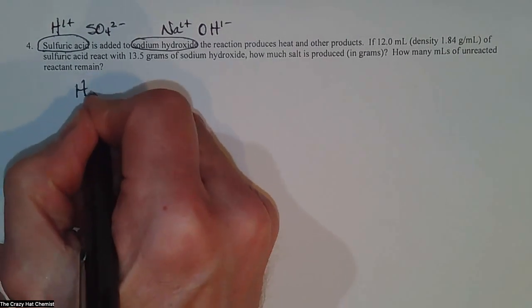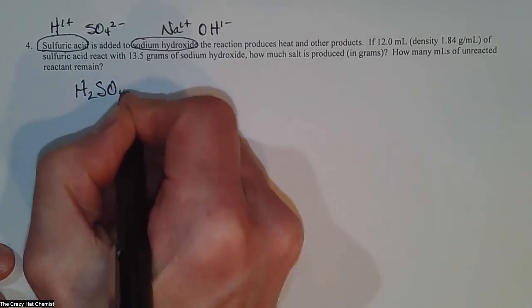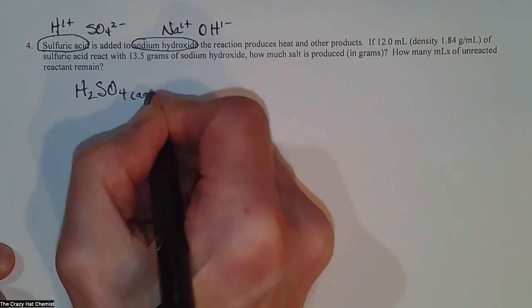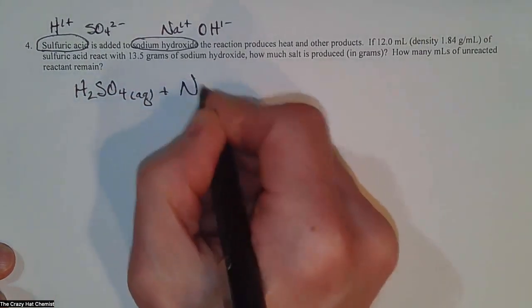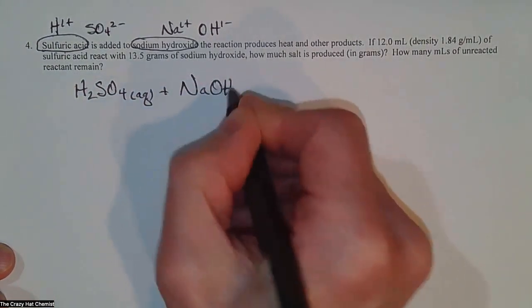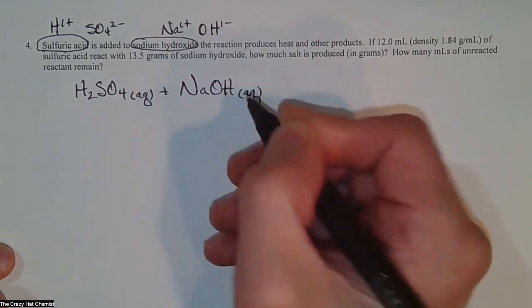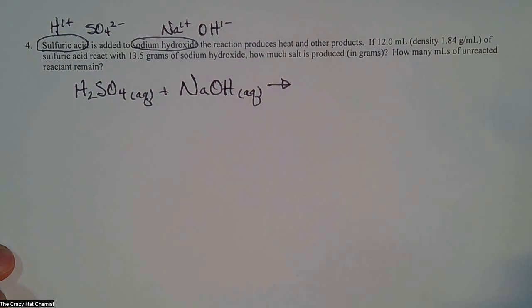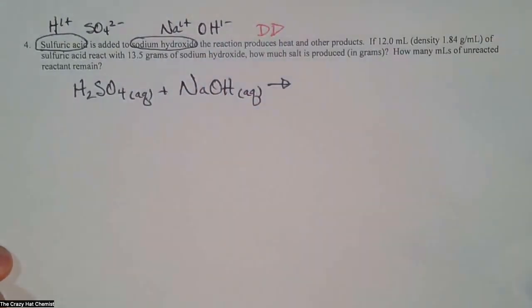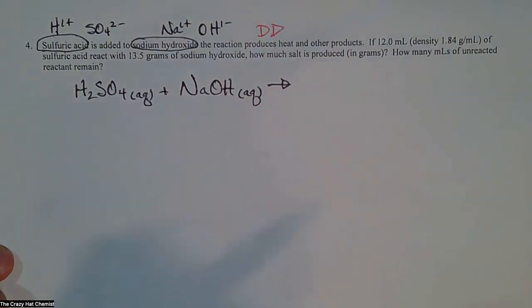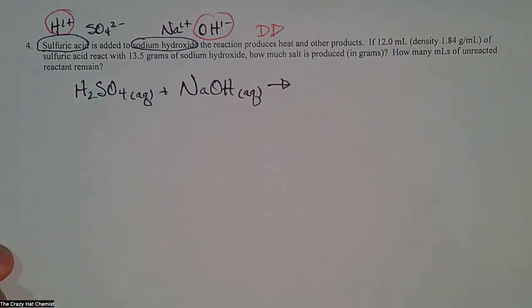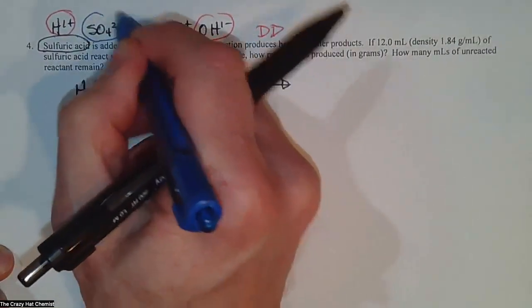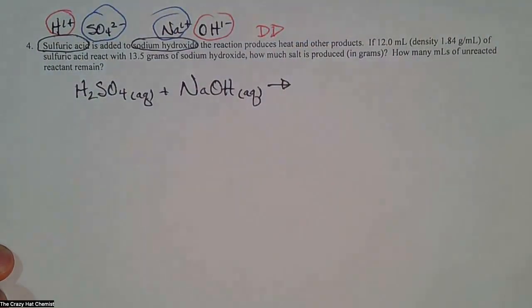So I'm going to have H2SO4, that is aqueous like all acids, plus NaOH, and this is going to be aqueous because it's a group 1 hydroxide. This is characteristic of a double displacement reaction. So that means my products are going to combine the hydrogen with the hydroxide as one product and the sulfate and the sodium as the other product.